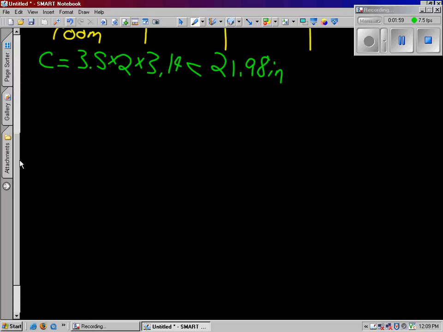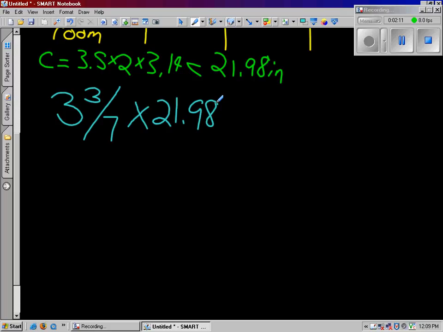Alright, so first, fraction way. 3 full rotations, 3 pieces out of 7 pieces total, times our circumference. And you've got the ABC button on your calculator. Mine's a little bit more complicated. I'm using a different kind than you guys have.